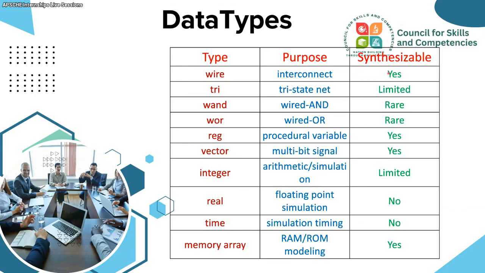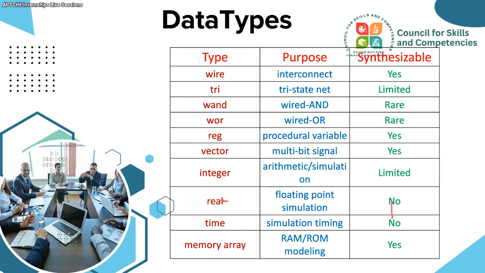If it comes to synthesizability, wire is synthesizable, tri-state is limited, so don't use these, they will be using wire. These things we rarely use. Register is synthesizable, vector multi-bit signal is also synthesizable. Integer, use limited, don't use fully.